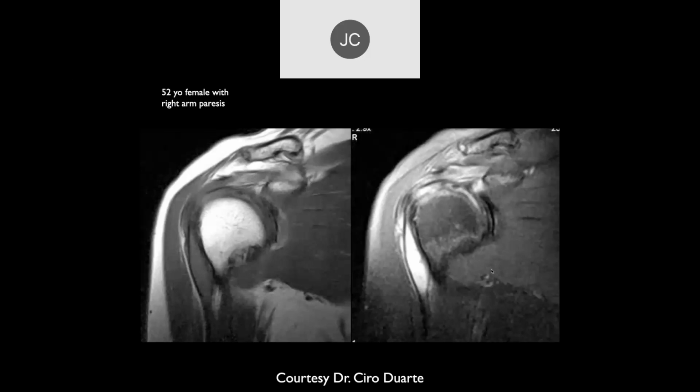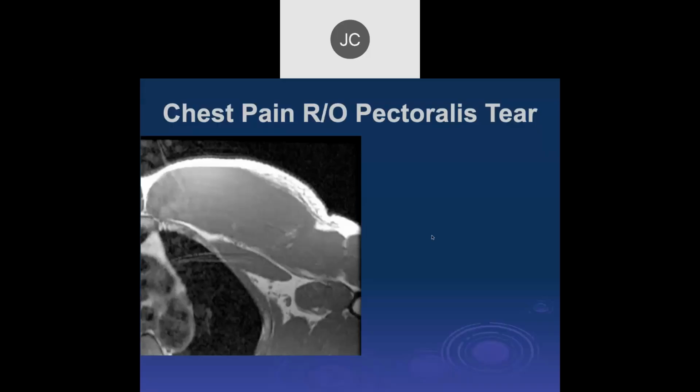No, it goes all the way around. Oh, it goes all the way around? Okay. It's a little proximal, but we don't really know how far that cystic area goes down.